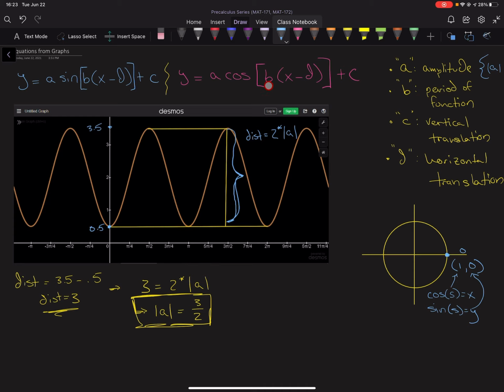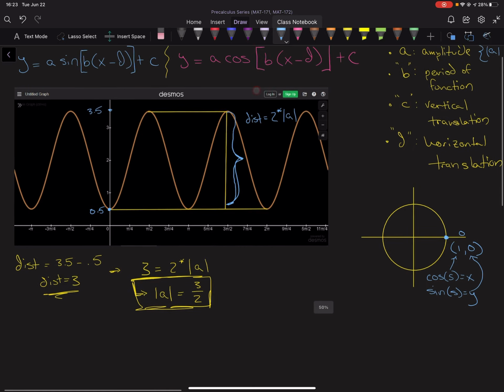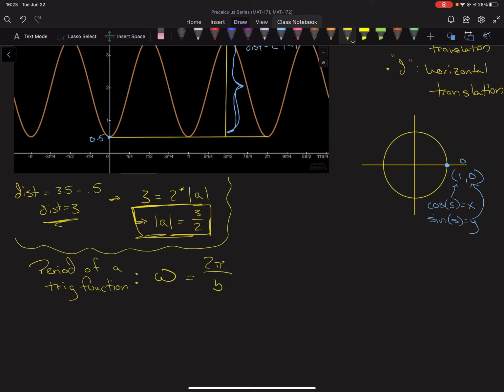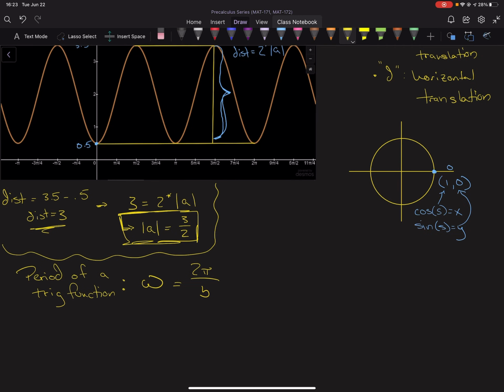So something that you'll need to determine B will be this arrangement that we have for the period of the function. So the period of a trig function can be represented as omega equals 2 pi over b. All right. Now we can get the period from the graph, but we'll need this equation in order to determine what b is.